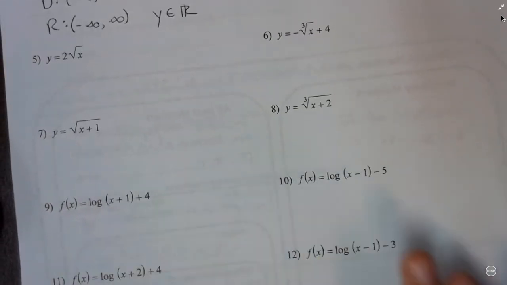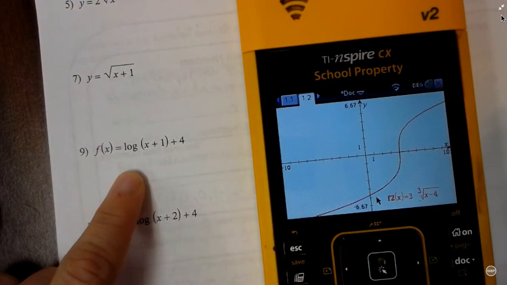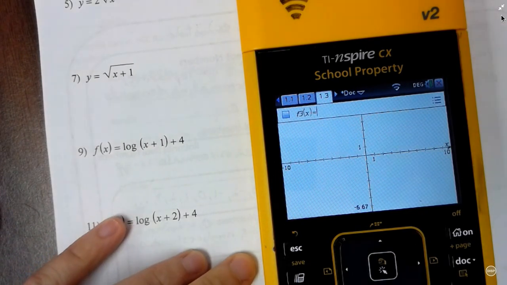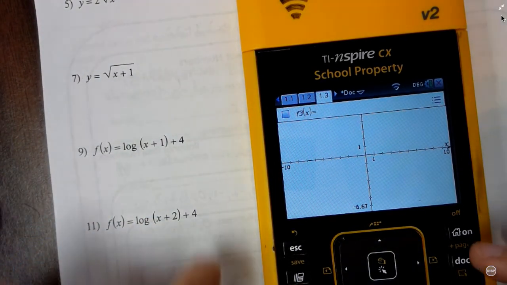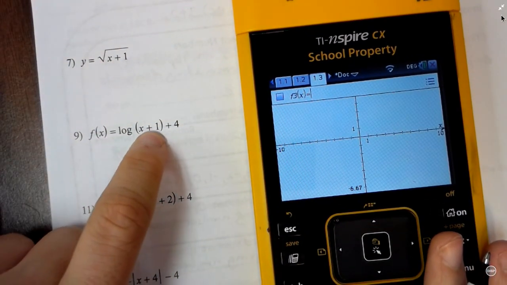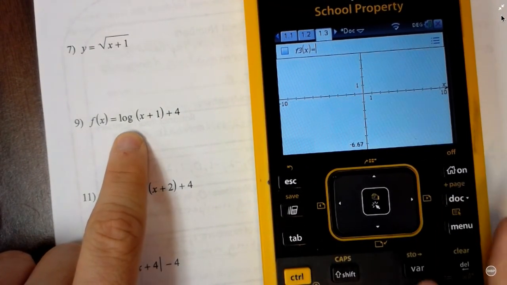So let's go look at a log. Okay, number 9. Again, I'm going to start a new page so it's nice and clean for you, but you could keep using the same graph page if you wanted. So I have log of x plus 1 and then plus 4. And I know we've kind of talked about how if you are not sure what log is yet, don't worry about it.